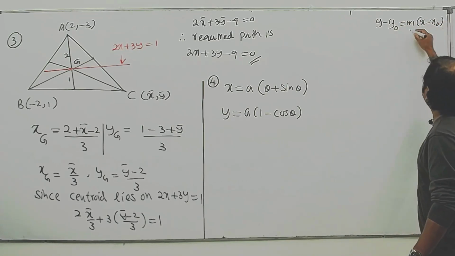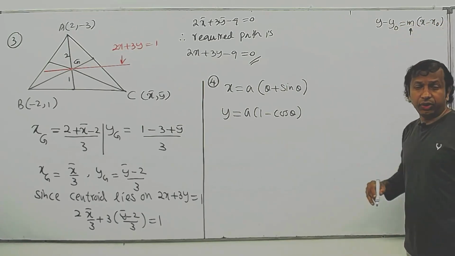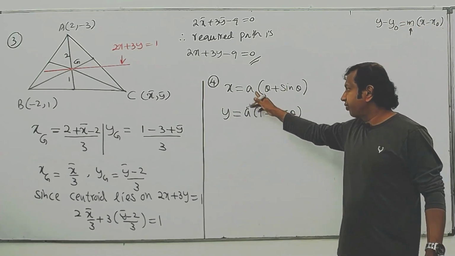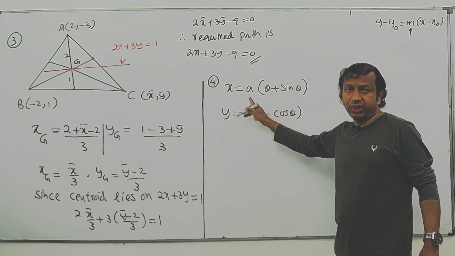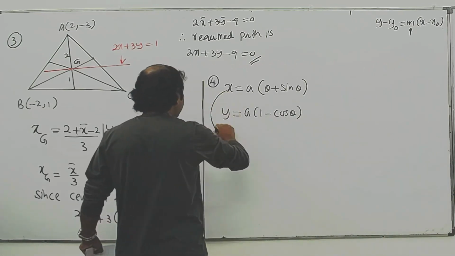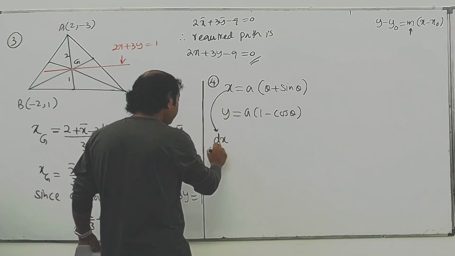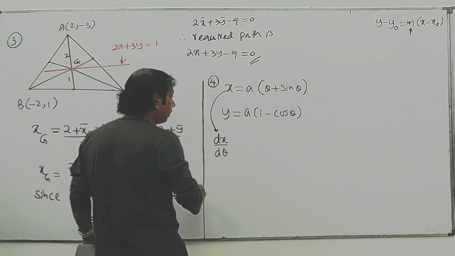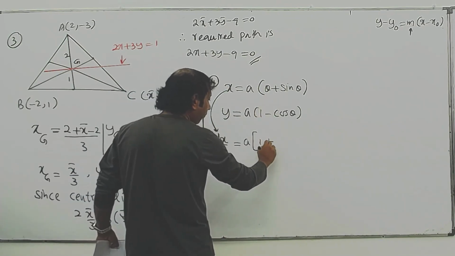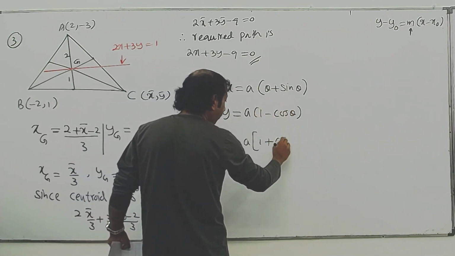There I missed the gradient. Now first of all we'll find the gradient. You know the gradient is dy by dx. So we'll differentiate both x and y with respect to theta, and using the chain rule we'll find dy by dx. Once you differentiate, what do you get, people? dx over d theta: a is a constant, keep it like this, derivative of theta is 1, derivative of sin theta is cos theta.